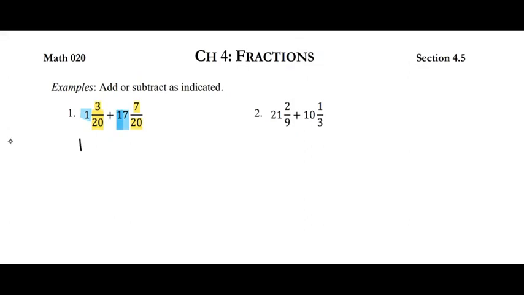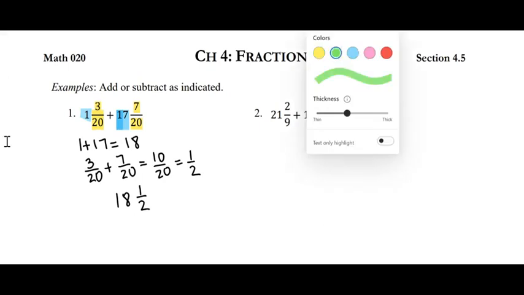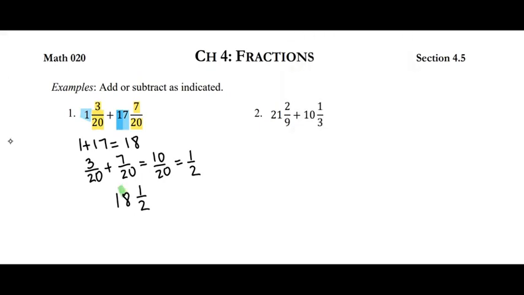We do 1 plus 17 equals 18. 3/20 plus 7/20 gives you 10/20, and we reduce that to 1/2. So now let's assemble our number back again. The answer would be 18 for the whole part and 1/2 for the fractional part. This is your official answer for this problem.